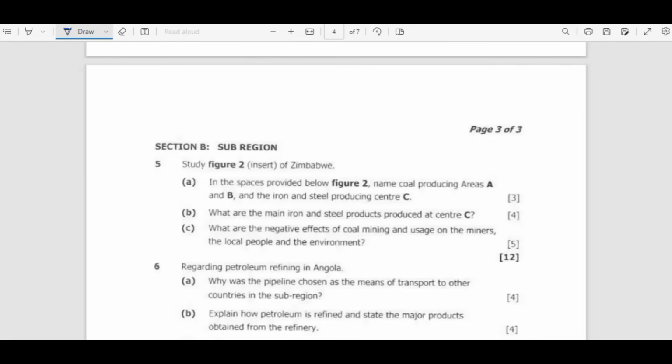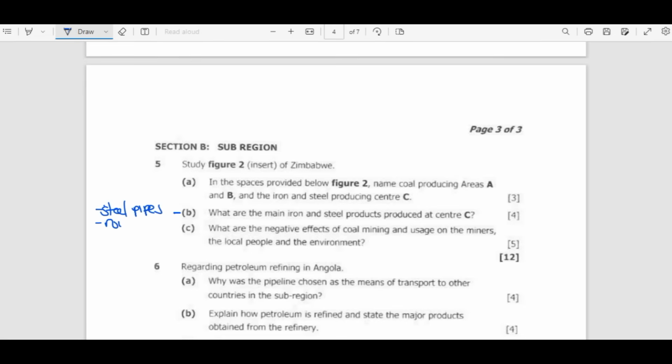Let us move to B. What are the main iron and steel products produced at center C? We are looking at those which are produced. Number one, we have steel pipes.